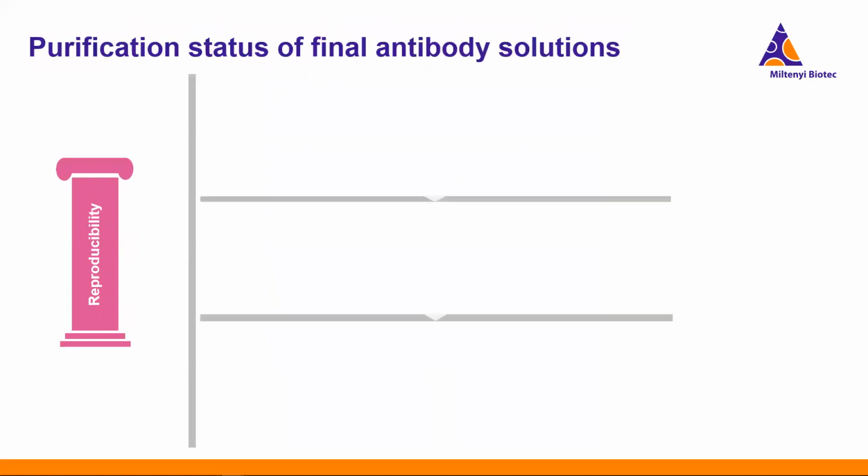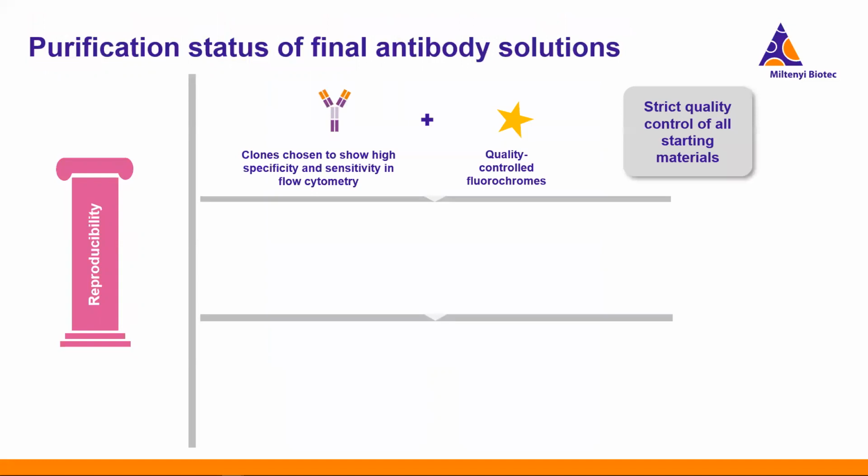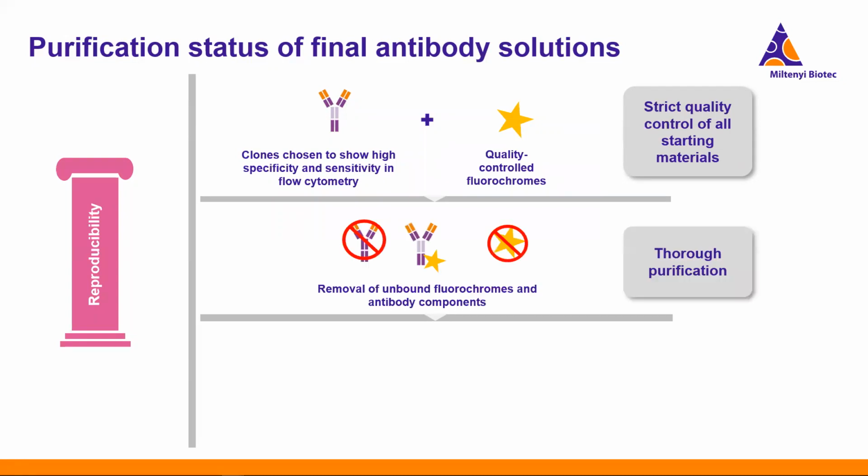So I've already shown you we're using this high quality starting material, only the information that we've encoded the cell to make. Our recombinant clones are more pure for that reason, but we also are using quality controlled fluorophores. And our antibodies are tested for lot-to-lot consistency at 2 different stages: after raw material production, before we do any conjugation, and then again after fluorochrome conjugation.